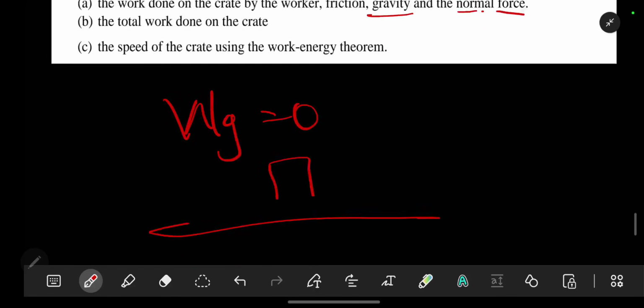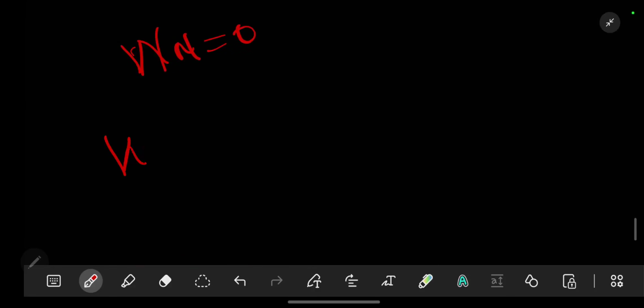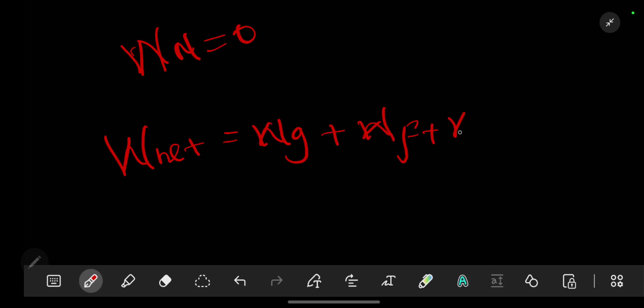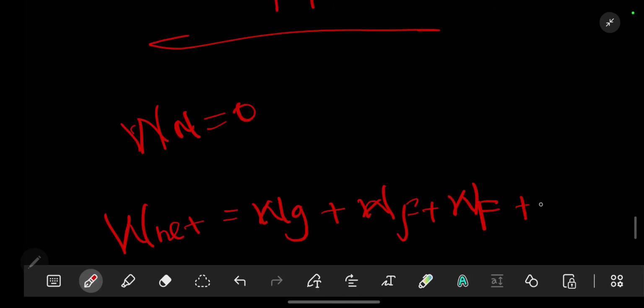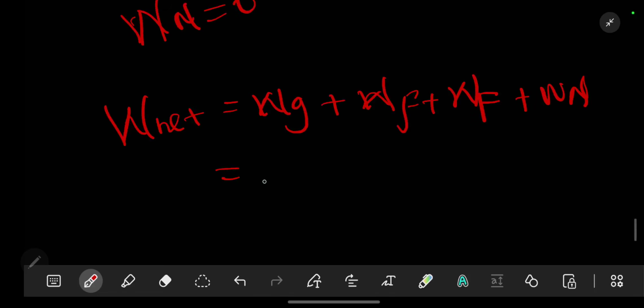Then the total work done is the net work. So remember, the net work should be equal to the work done by gravity plus the work done by the frictional force plus the work done by the force plus the work done by the normal. So this is consistent.